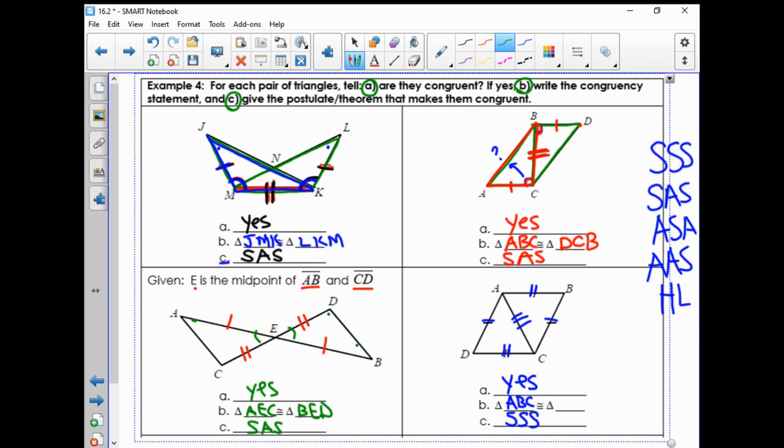A on my ABC is this angle, in between my 2 ticks and my 3 ticks. When I look down here between 2 and 3, I've got a C, so that's going to go first. B is between the 2 and the 1, so between the 2 and the 1 is D. And that leaves A as my other letter. And we're done with those examples.